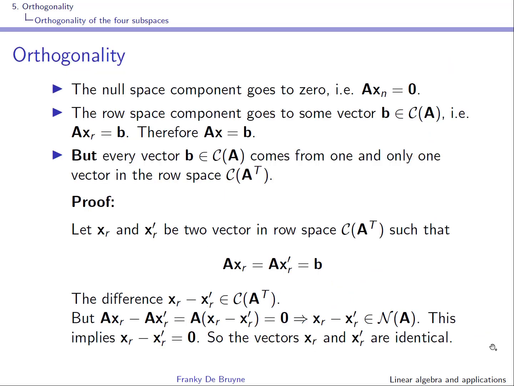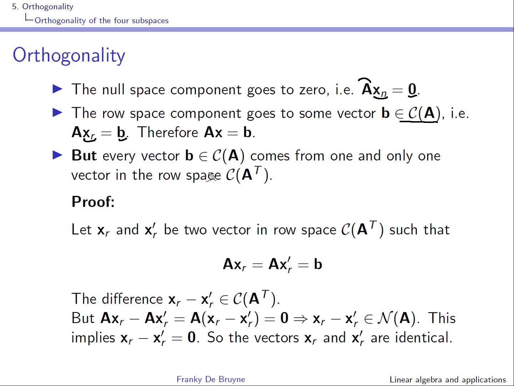So we had seen that the null space component xn was sent to the origin of Rm using this matrix A. The row space component, which is xr here, is sent to some vector b that is in the column space.